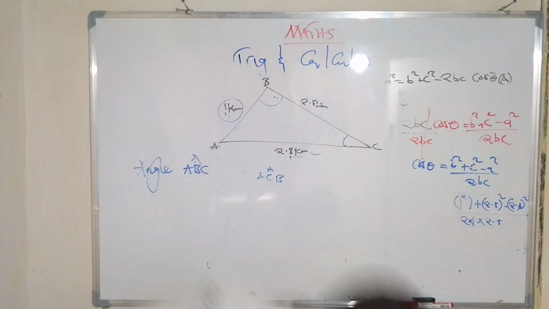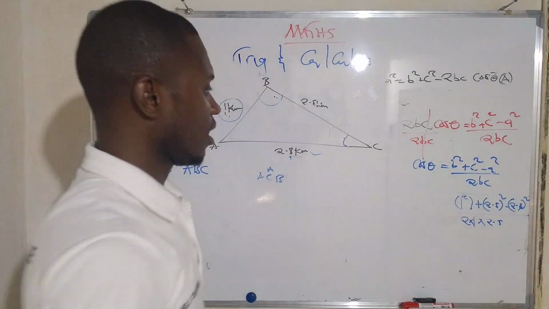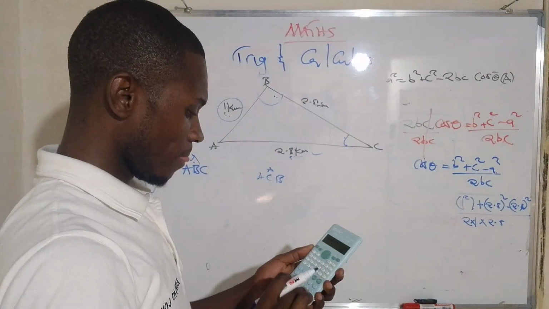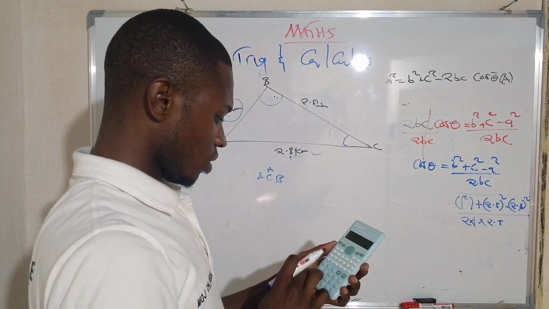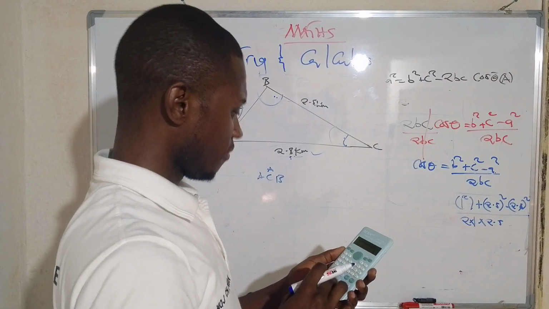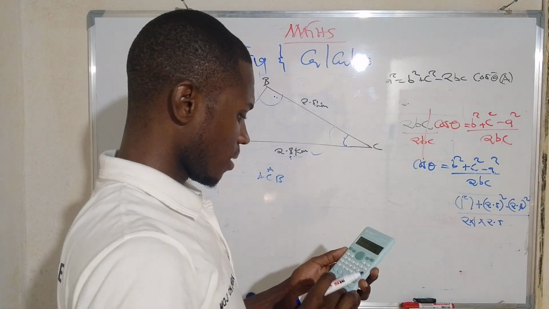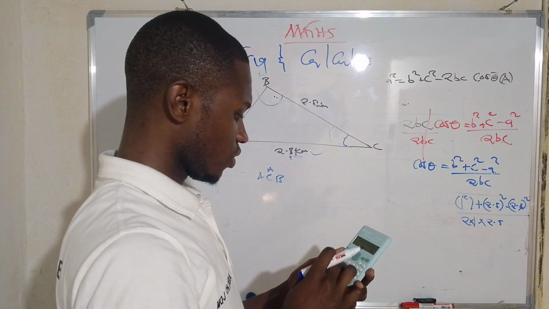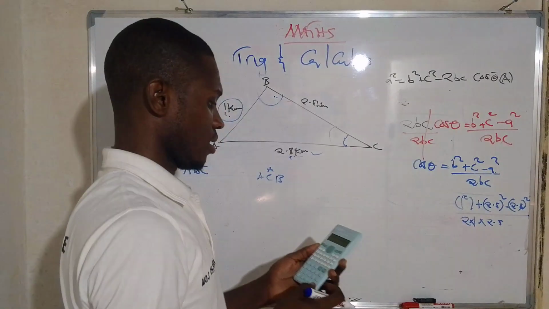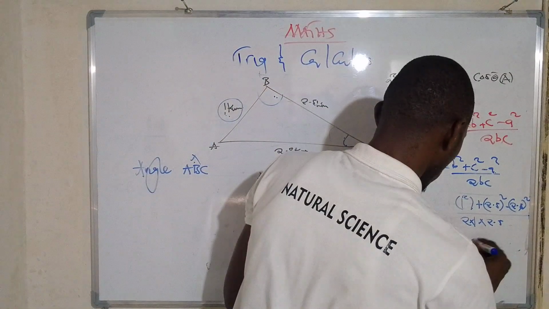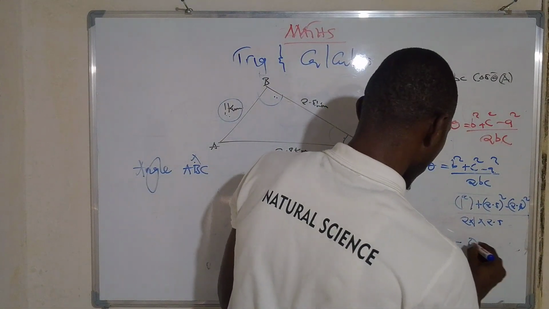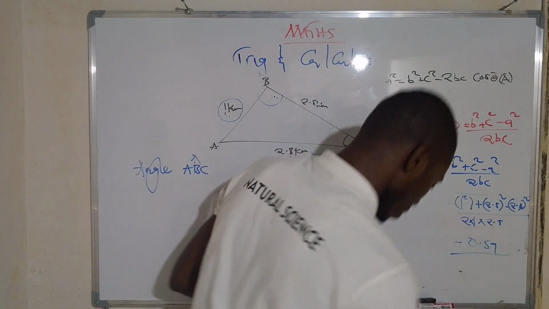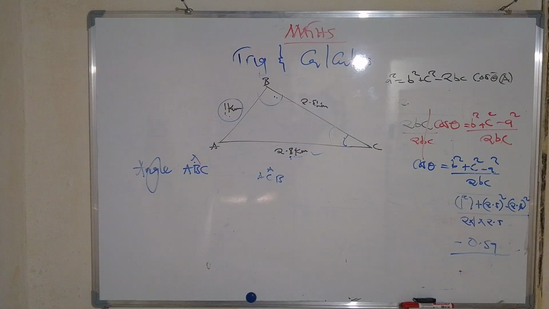That's what you have. Therefore, we will say (1) squared plus (2.5) squared minus (2.8) squared. Then you're going to get negative 0.59.